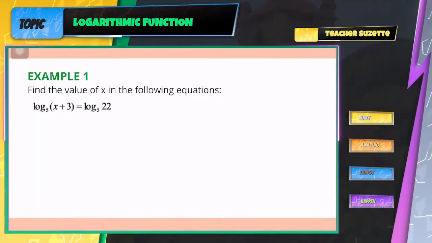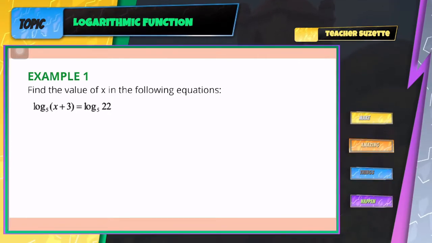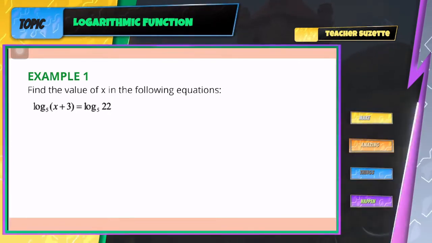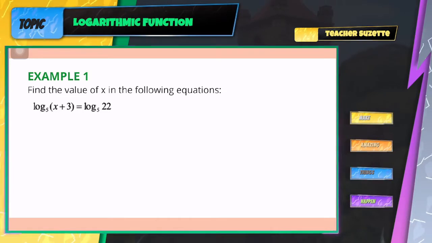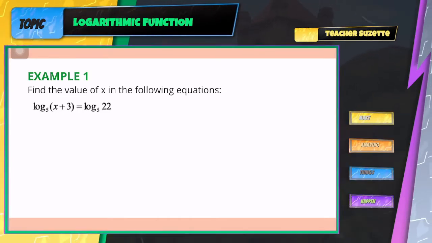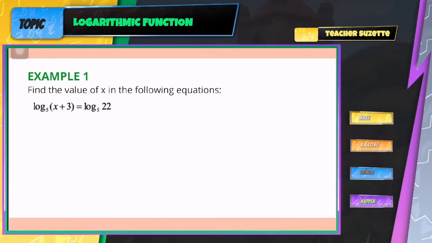Find the value of x in the following equation. We have the logarithm of x plus 3 base 5 equal to the logarithm of 22 base 5. For this example, we will use the one-to-one property.